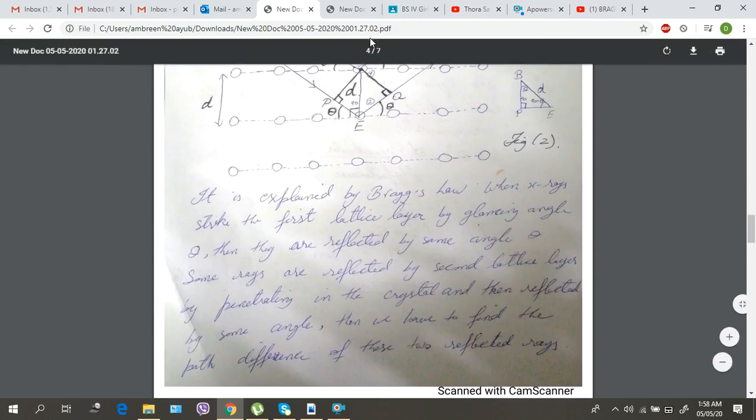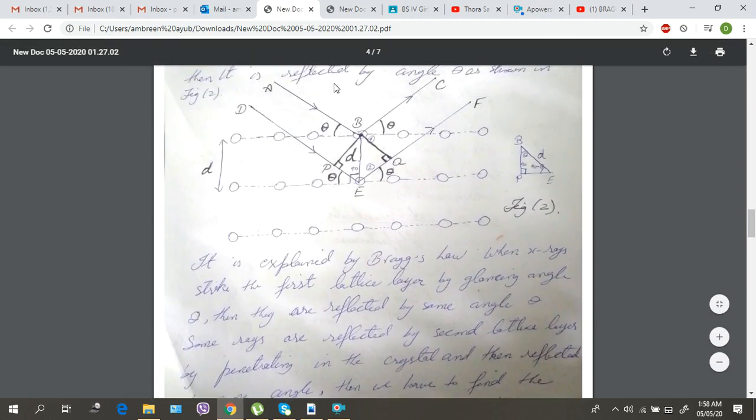Basically we draw a perpendicular on DE from B, and we draw another perpendicular on EF from B. These two are perpendicular to the incident ray DE and the reflected ray EF.